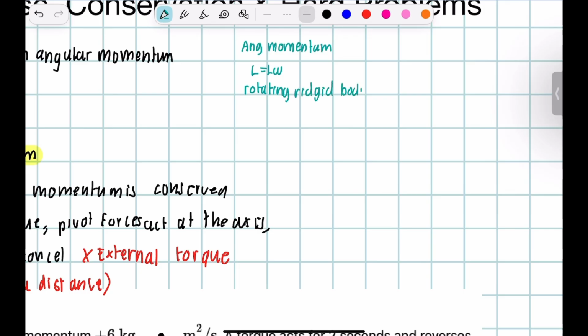And when you have angular momentum for a point mass, you have L is equal to r m v, and this is used for particles and for collisions.